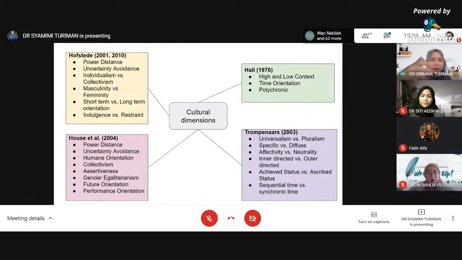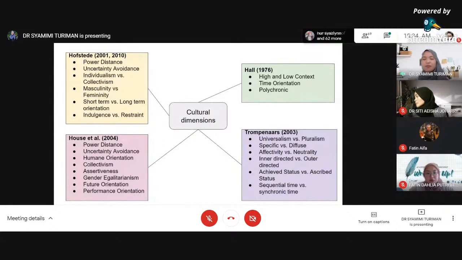Among the popular known cultural dimensions would be Hofstede, Hall, House et al., and Trompenaars. So these would be the cultural dimensions that perhaps you will come across as you do your reading.